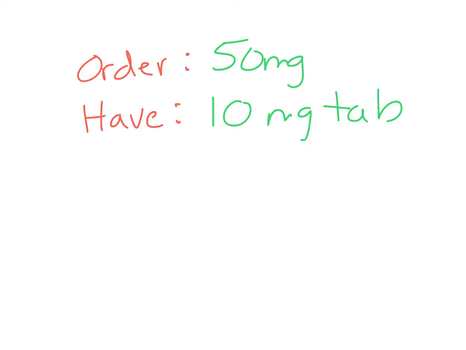Well, you guys hopefully are looking at this right now and saying, oh, well, that patient needs 5 tablets then. And that's absolutely true. If they need 50 milligrams and there is 10 milligrams for every one tablet, then they would need to take 5 in this case.